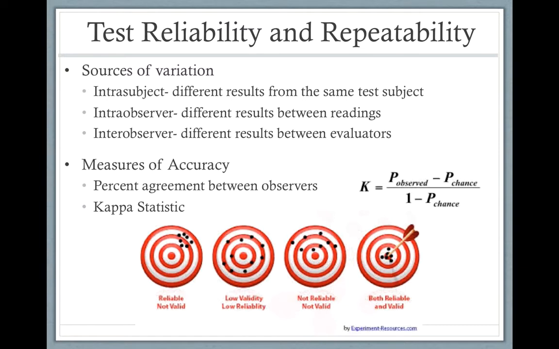If it's 1, that means perfect agreement the entire time. So that would be the percent observed would equal 1 over 1 minus 0. Anywhere in between that, the closer it gets to 1, the better it is. If it's closer to 0, it's a worse agreement. So ideally, you want to have a high kappa value close to 1.